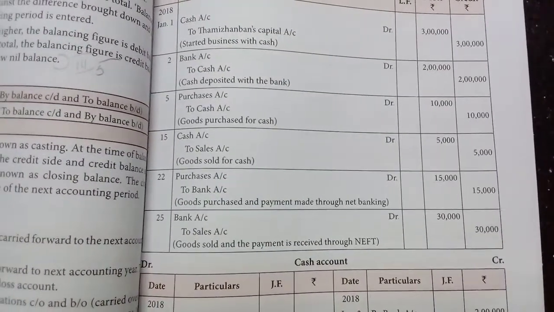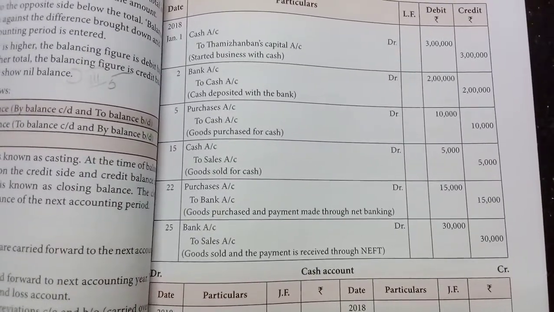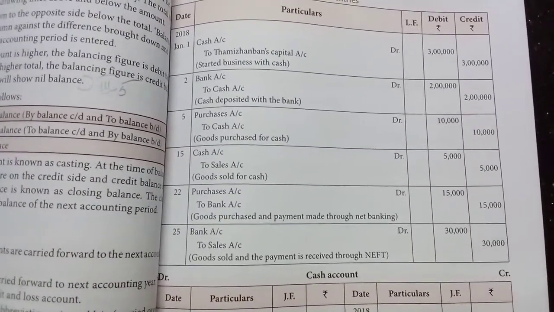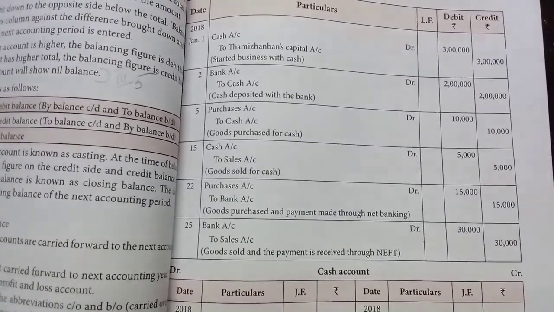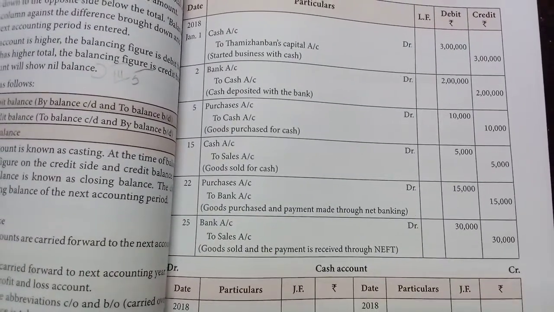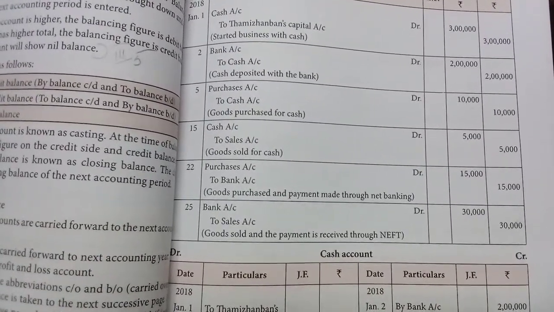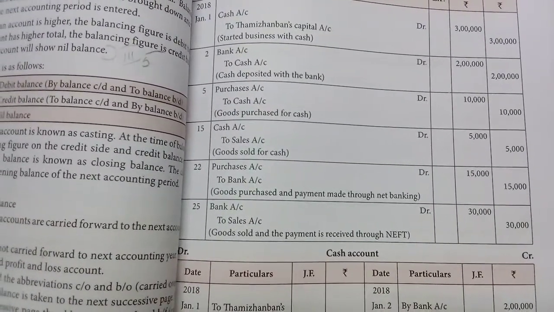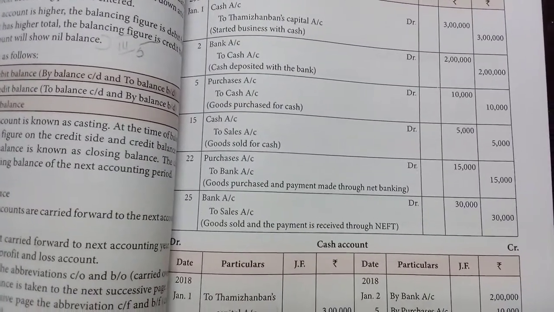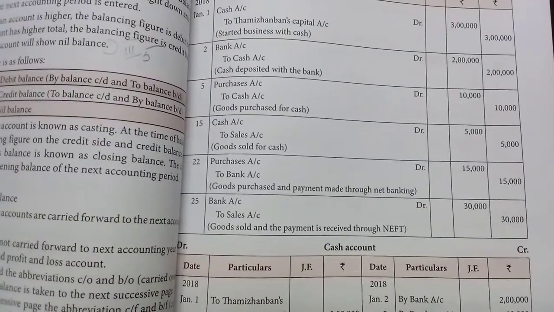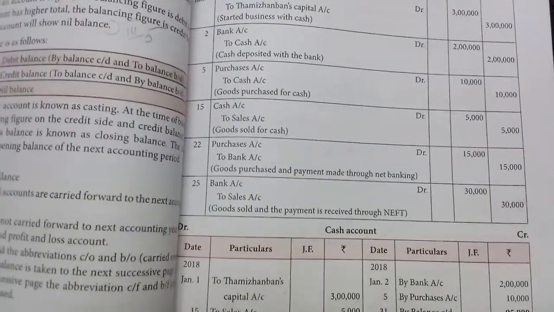If cash is coming, to whom we have sold or from whom we have purchased, you should not worry. We have to use that cash only. So for selling goods on cash, cash account debit to sales account. Then purchases with payment made through net banking: purchases account debit to bank account. Then sold goods and payment is received through NEFT: bank account debit to sales account.